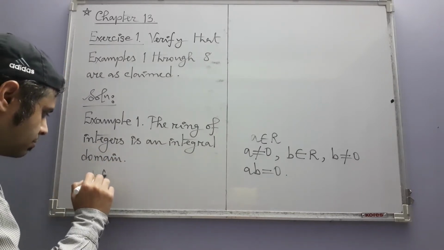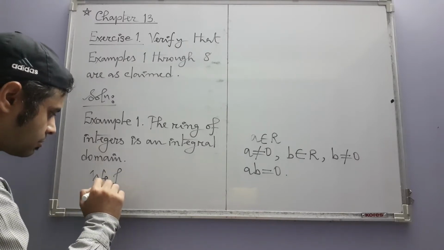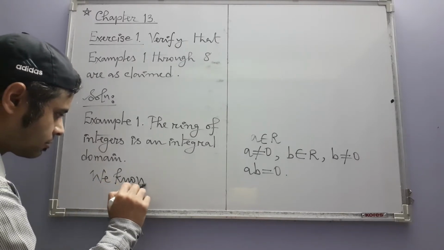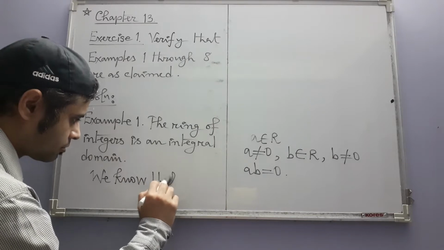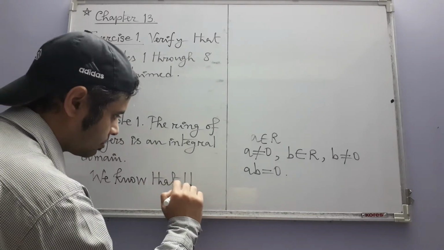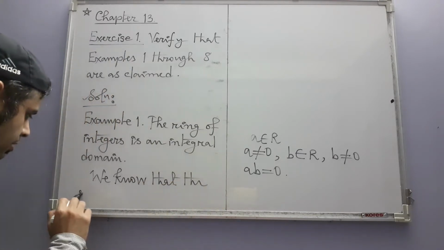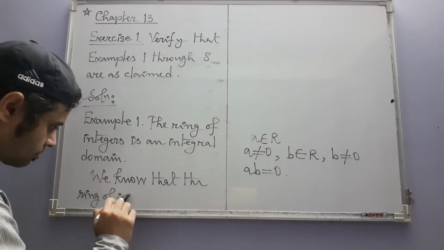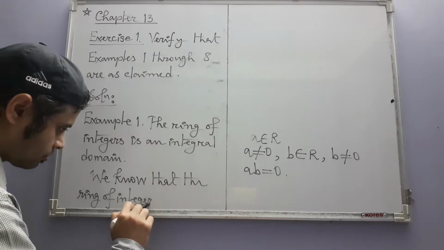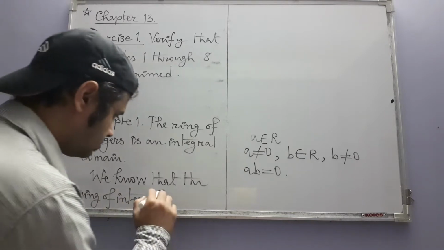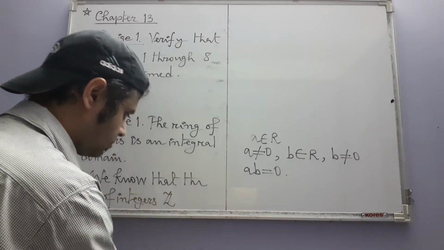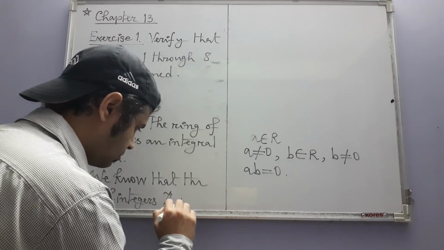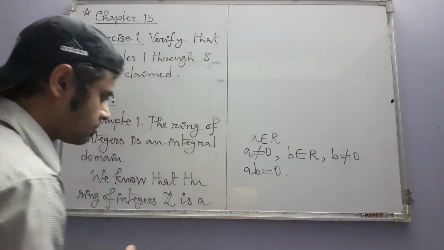We know that the ring of integers Z is a commutative ring.